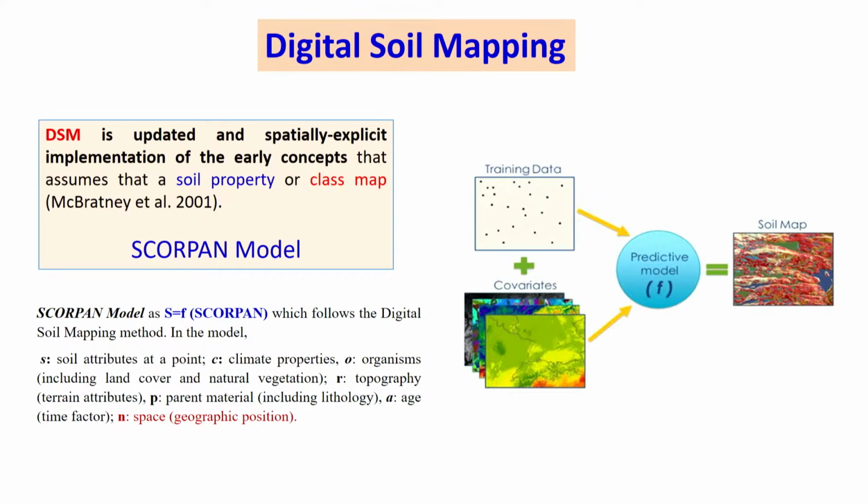I have discussed the conventional method of soil mapping, or the standard soil mapping procedure, but today we are more in the digital age, and we are working more on digital soil mapping.